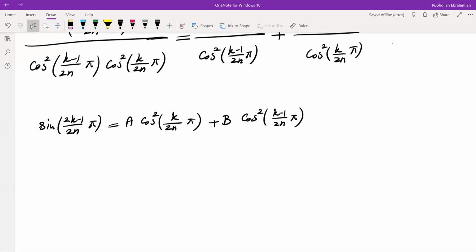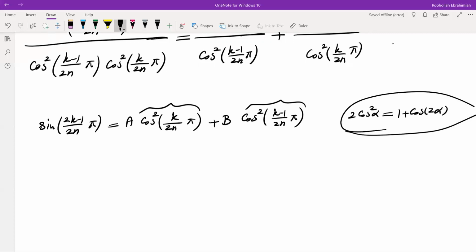So what I'm going to do is use some trig identities. That seems like a reasonable thing to do. I'm going to reduce the exponent to get something a bit more linear for both of these. I have this identity, 2 cosine squared of alpha is 1 plus cosine of 2 alpha. So I'm going to multiply both sides by 2.